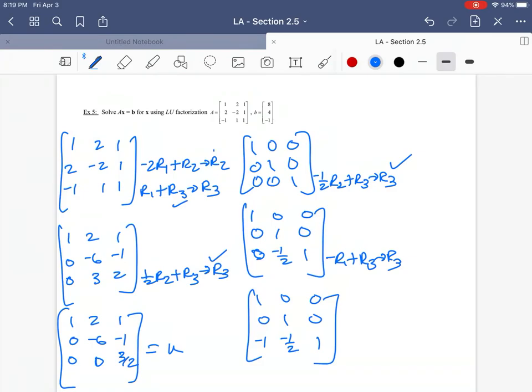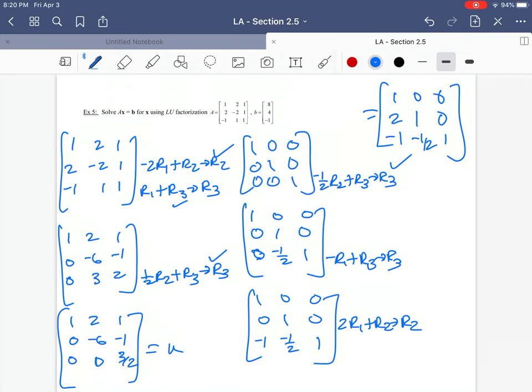The last thing is positive 2 times row 1 plus row 2 to stay in row 2. So that would be 1, 0, 0, 2, 1, 0, and negative 1, negative 1/2, and 1. This is now a lower matrix. So there's my L and there's my U.